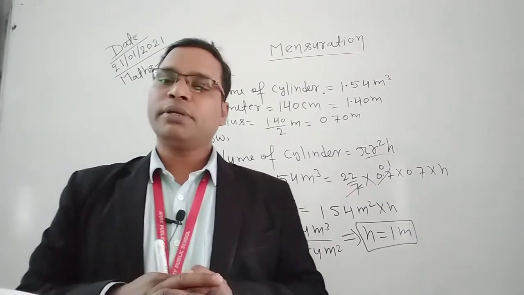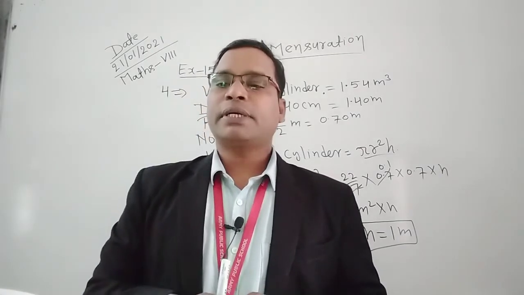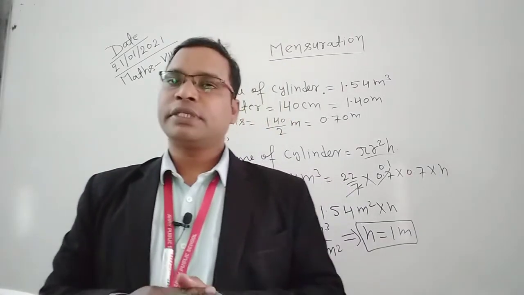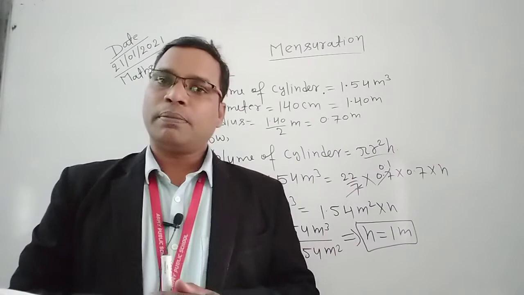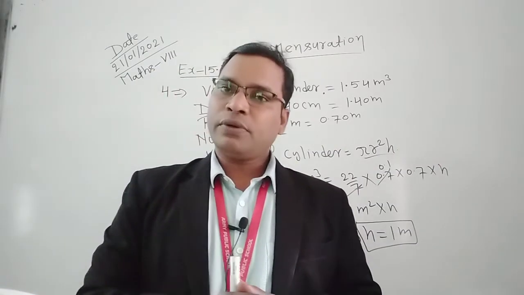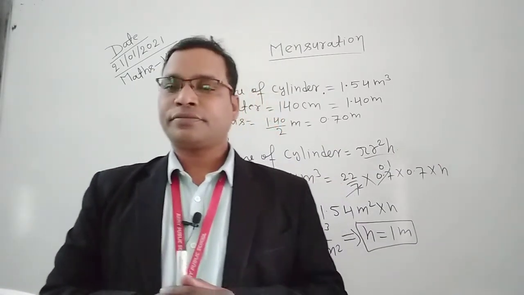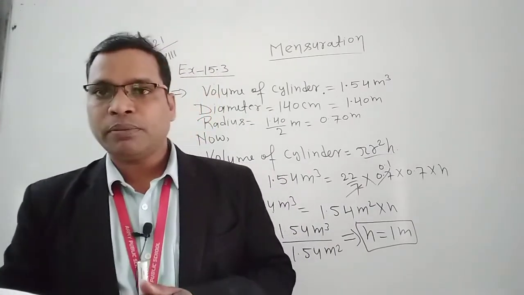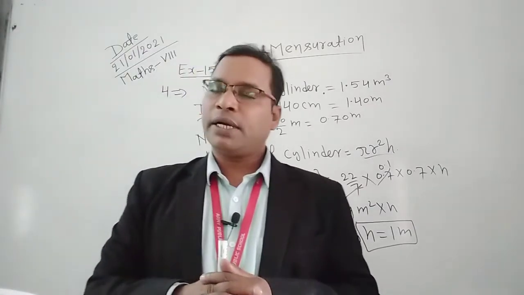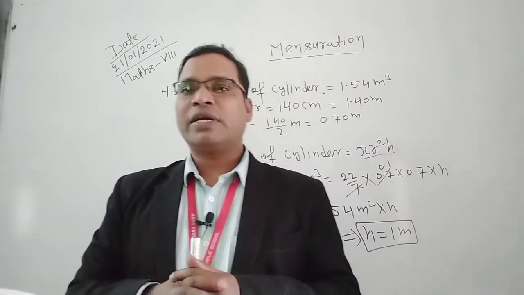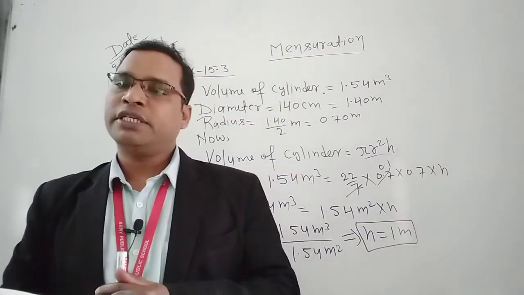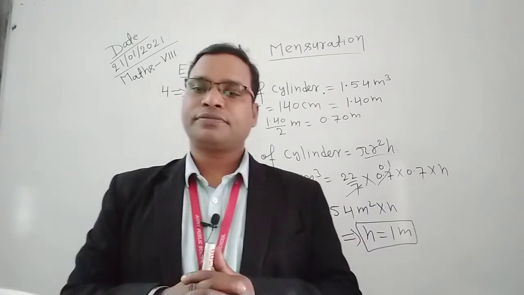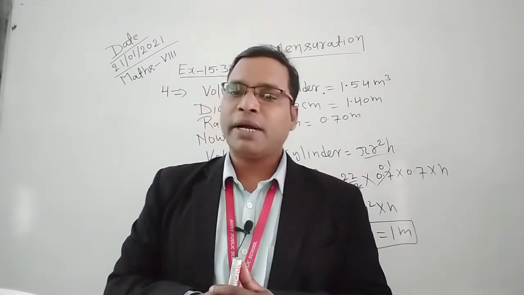So your time is given, 1 minute. Area of cross section of pipe is given 5.4 centimeter square. If you change it into meter, then you get 5.4 divided by 100 into 100, or you can say 10,000, meter square. Now, and length of pipe.